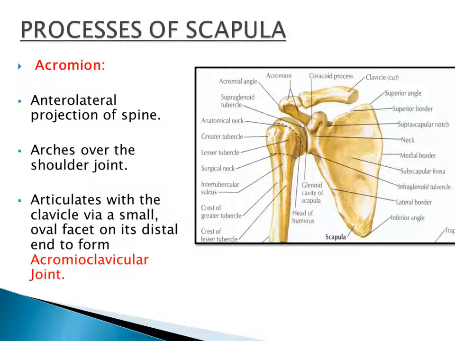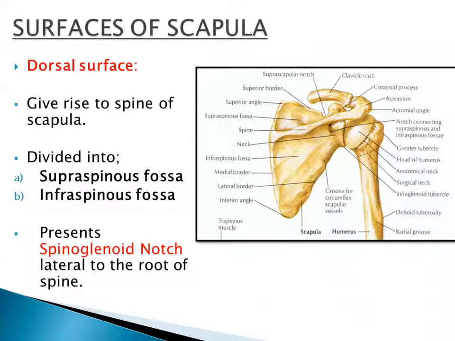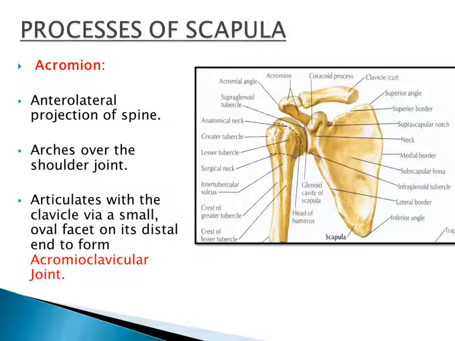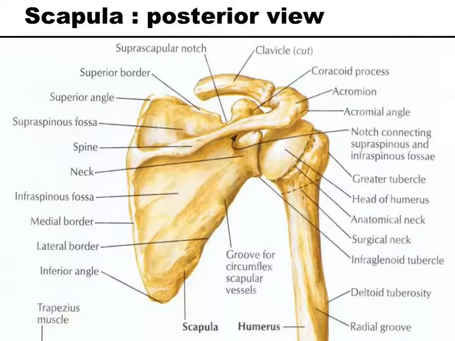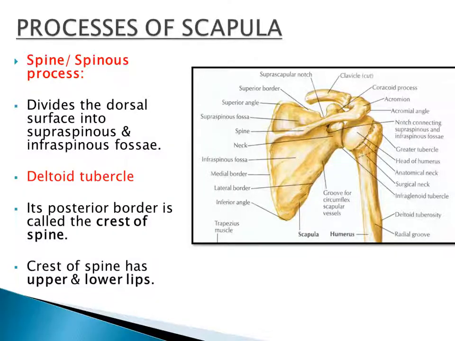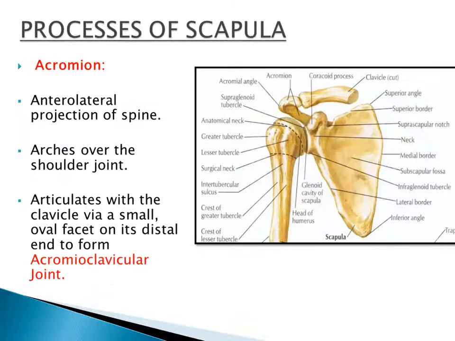The second process which is present in the scapula is called as the acromion process. Now this acromion process is actually the anterolateral projection of the spine.